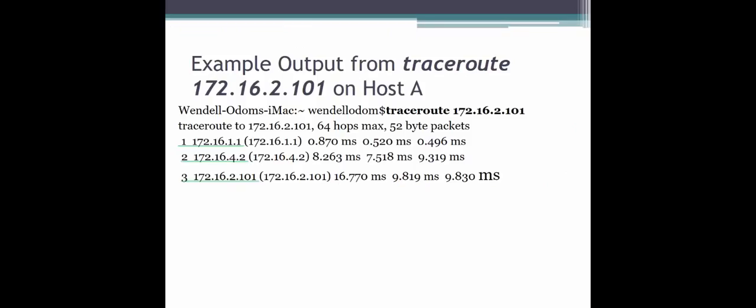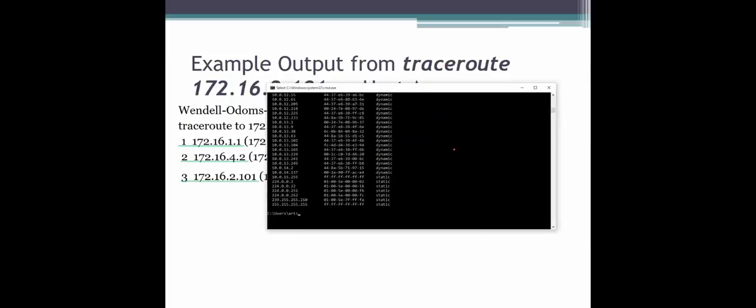Again, traceroute and an address, and I'll give you the step-by-step. tracert google.com. It'll take a second or two, but it'll trace all of the hops between us and that resource.